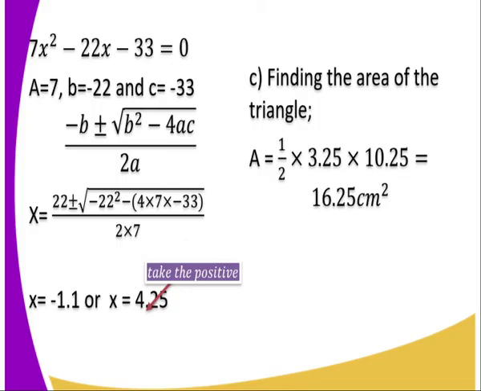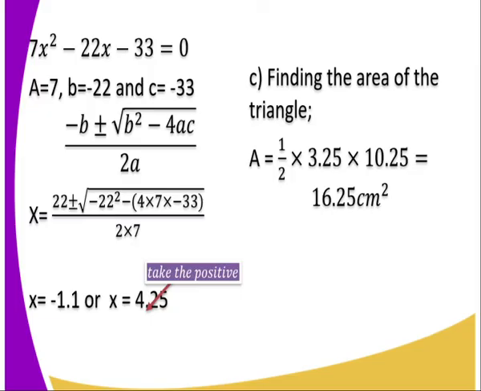Remember, we said we can use any formula, and the one that I've used there is the quadratic formula. After replacing the values, we get x is equal to negative 1.1 and x is equal to 4.25. Remember, this is the dimension. We cannot take negative, so we take 4.25.